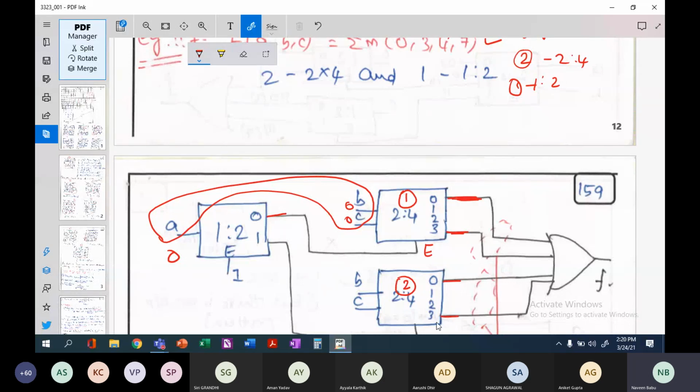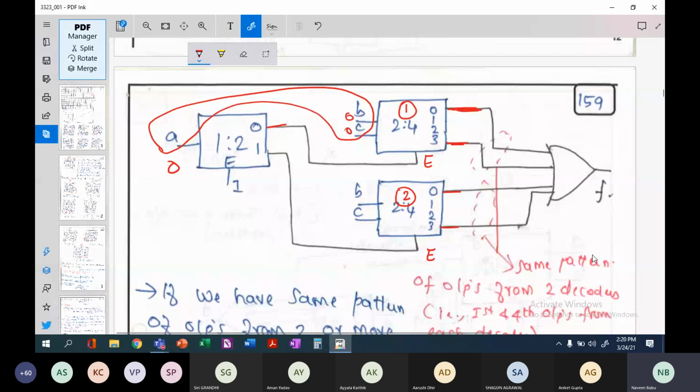Okay, now again there is a peculiar case here. You see a same pattern here. In the first decoder, the first line and the last output lines are taken as your output. Similarly, in the second decoder also, first and last lines are selected.